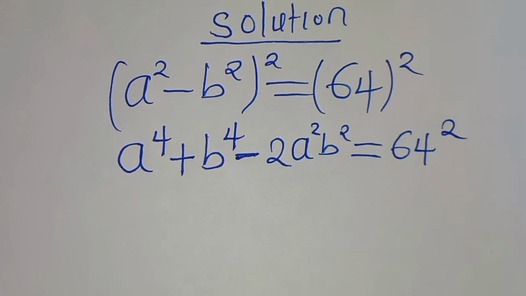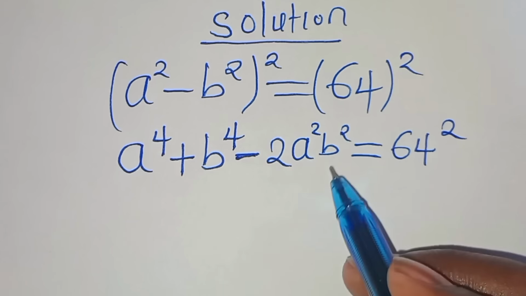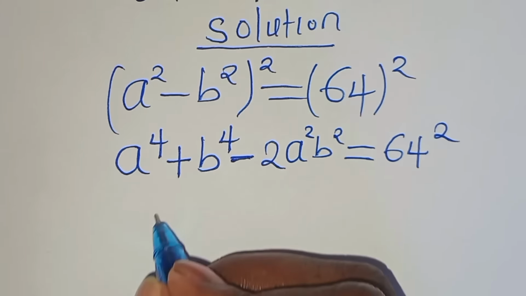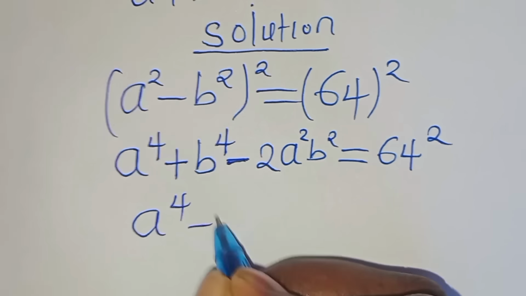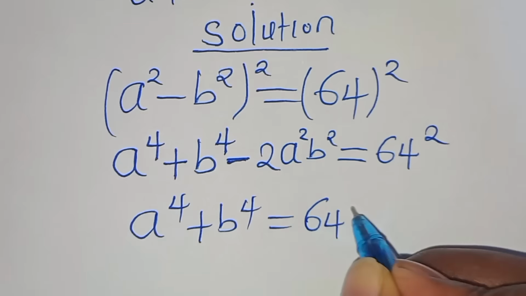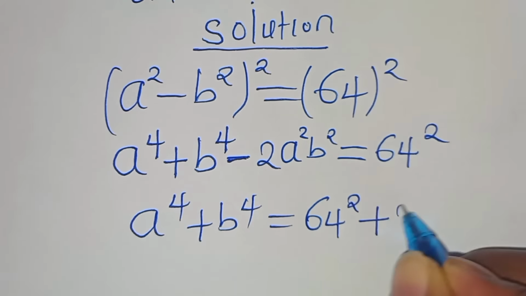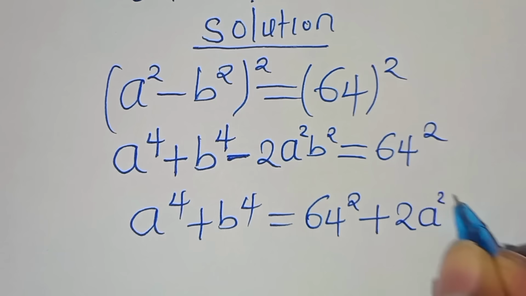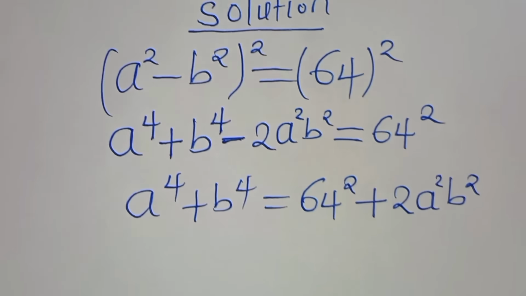The next step from here, we can take minus 2a squared b squared to the right hand side, so that we have a to the power of 4 plus b to the power of 4 equal to 64 raised to the power of 2, plus 2a squared b squared.